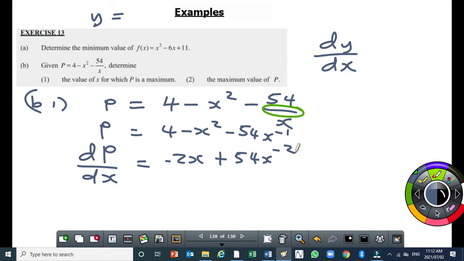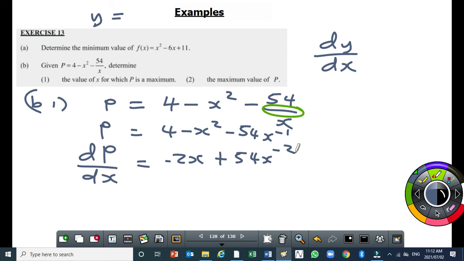Alright. Now that I found the derivative, I have to equate that derivative to 0 to solve for x. I have to equate the derivative to what? To 0 to solve for x.